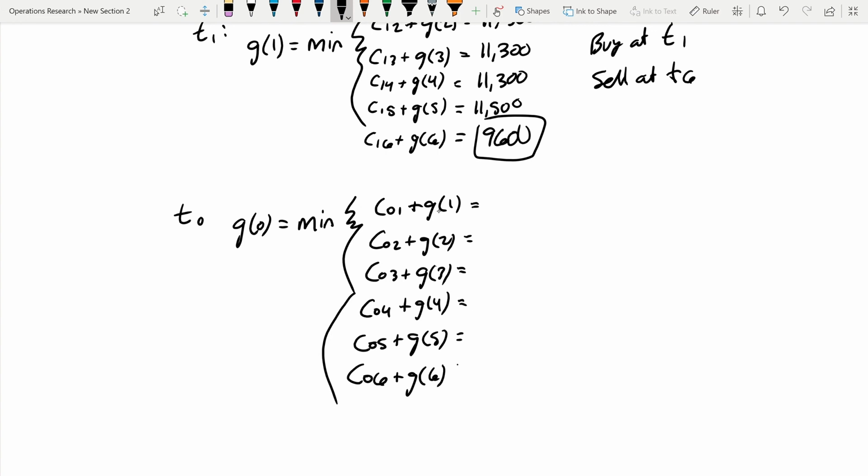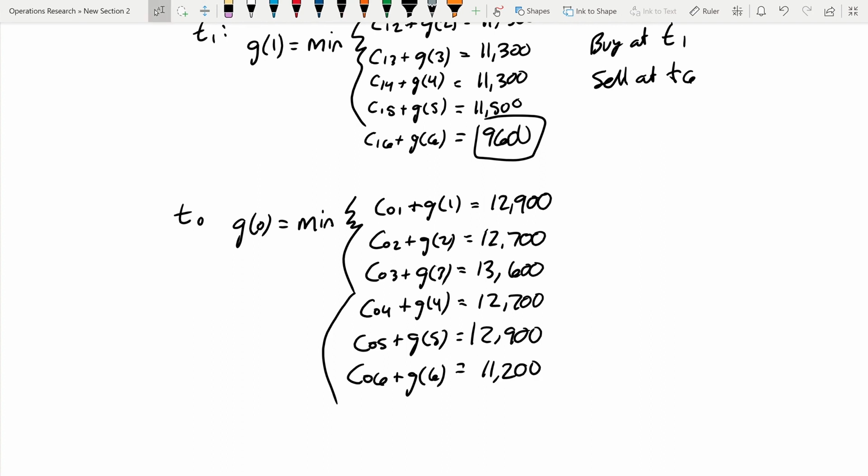But again, I'll just write down the solutions. It's the exact same process we've been doing where I'm just grabbing these numbers from above. This is going to be 12,900, 12,700, 13,600, 12,700, 12,900, or 11,200. So the cheapest option is 11,200, which means that if we buy at time 0, like we're going to have to, we're going to want to sell at time 6.